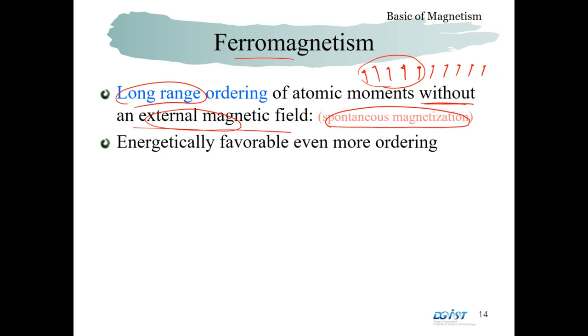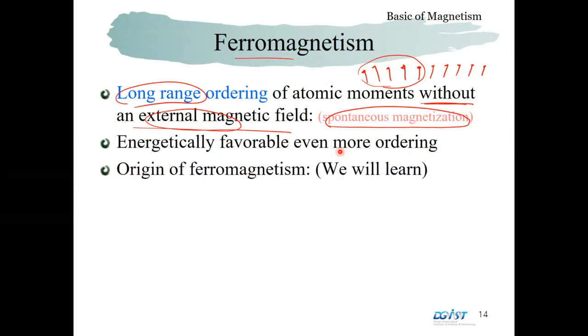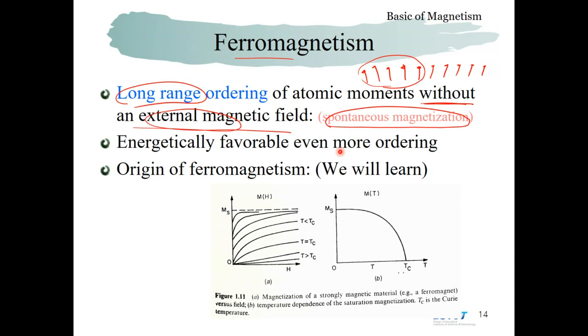So the statement that the energetically more ordered state is favorable is not quite correct for thermodynamics. So understanding this unexpected phenomenon is very important in solid state physics, and the origin of ferromagnetism, which we will learn, is quite questionable.